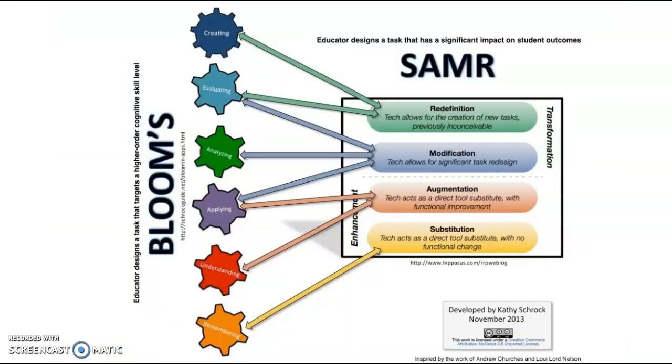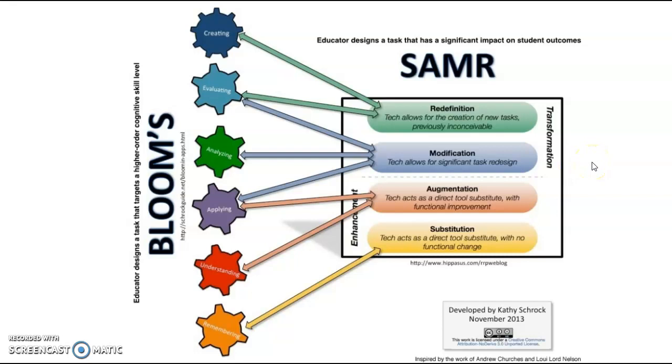This image was created by Kathy Schrock in 2013. She took the SAMR model, substitution, augmentation, modification, and redefinition, and compared it with Bloom's. So if substitution is our bottom level, it's going to go with remembering. If augmentation is still enhancing our lesson, but not yet transforming it, augmentation is going to go with understanding and applying.